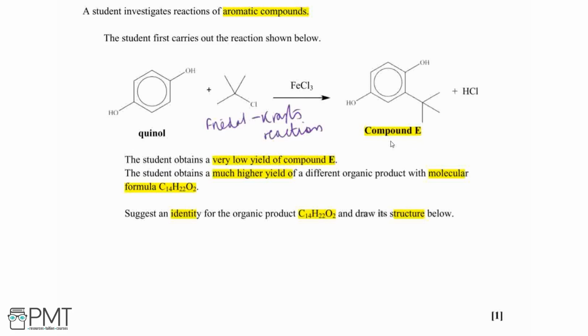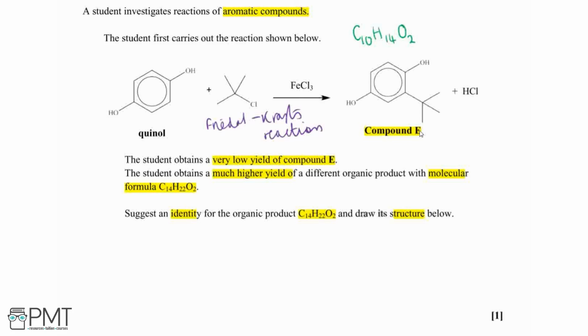So compound E contains carbon, hydrogen, and oxygen only. Let's go through and work out the molecular formula. For carbons, we've got 1, 2, 3, 4, 5, 6, 7, 8, 9, 10. So there's 10 carbons there. For hydrogens, we've got 1, 2, 3, 4, 5, and then we can add on 9 overall from this group over here. So overall we've got 14 hydrogens and 2 oxygens.